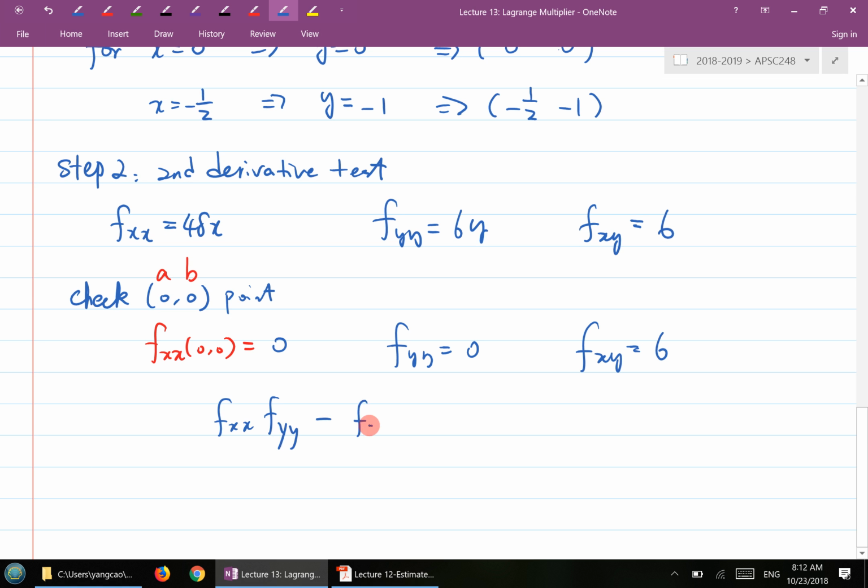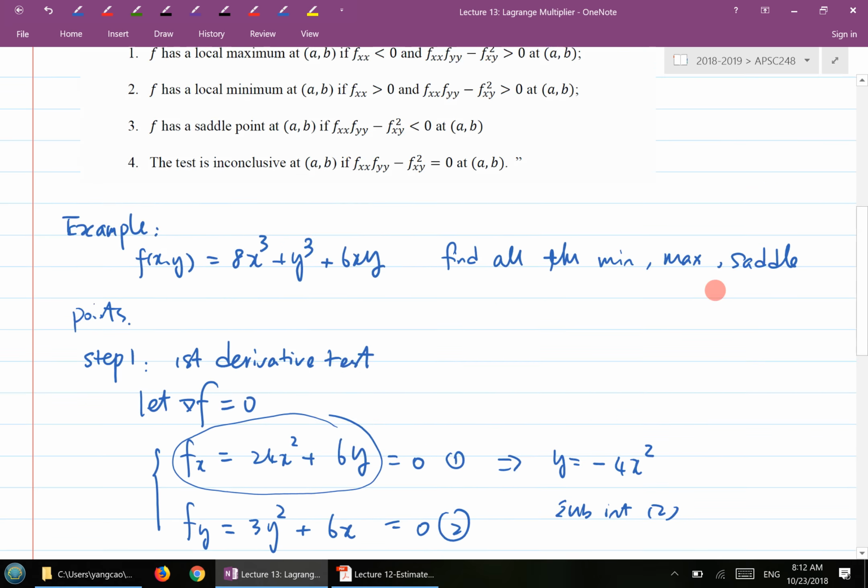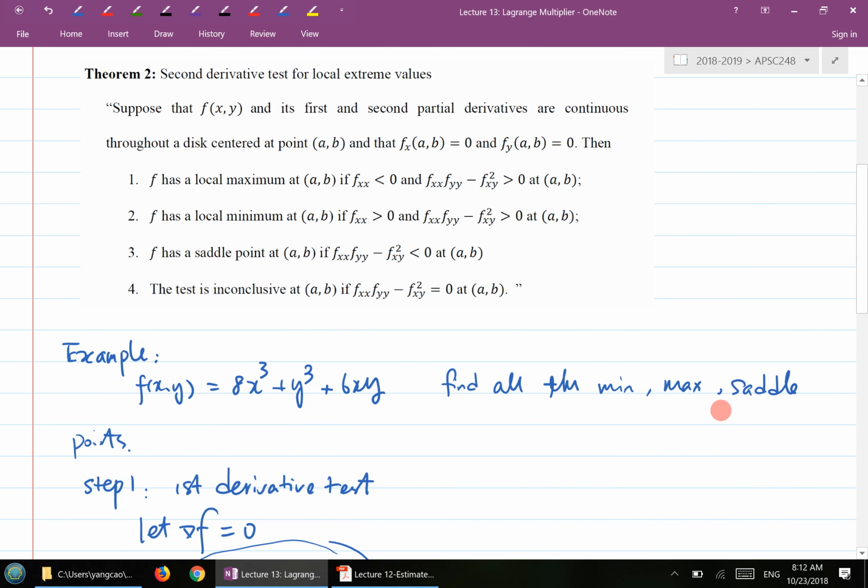So fxx times fyy minus fxy squared, because that's the expression we're going to look at the sign of. And this calculation gives us negative 36, and negative 36 is less than 0. So let's take a look at theory number 2. If I look at theory number 2 here, the only condition that has fxx fyy minus fxy squared less than 0 is item number 3, right?